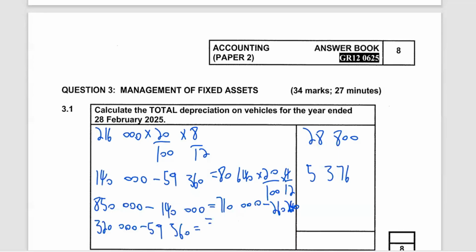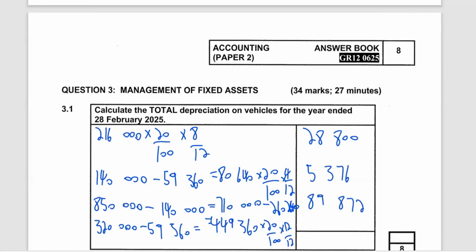Then we get our carrying value of 449,360. Then times the rate of depreciation, which is 20 divided by 100. The old, it's always 12 over 12. Then we get our depreciation, which is 89,872.